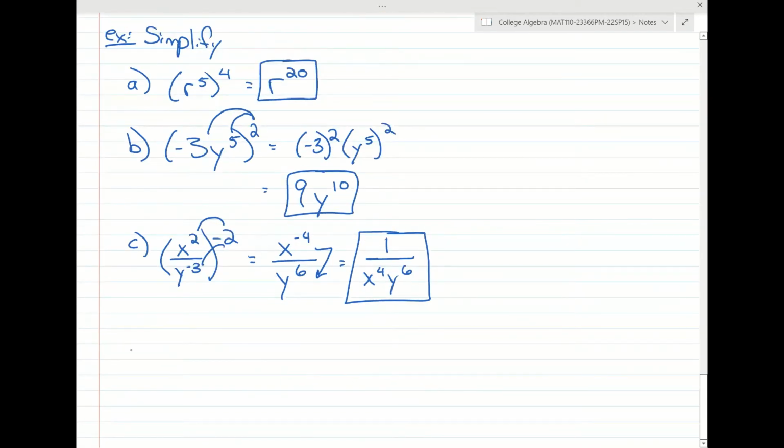I'll do one more. What if we had negative 3 n to the 4th over m to the 2nd, all to the 3rd?